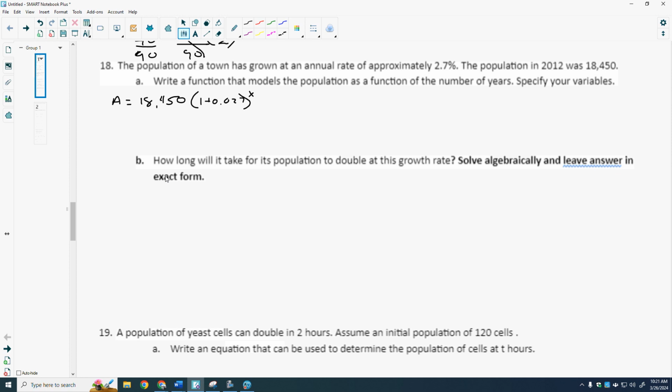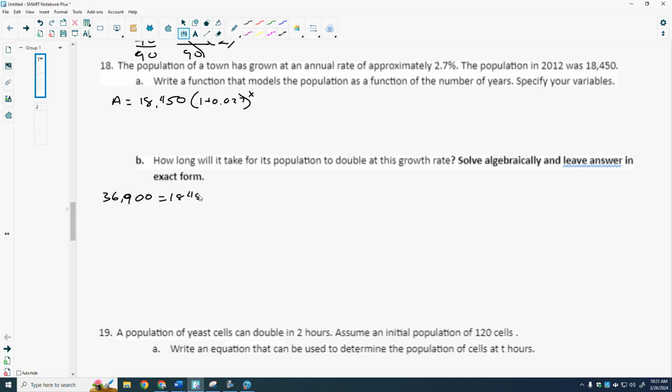Well, I've got to figure out what is double of 18,450 to know what I end up with, right? But can I give you a hint? If I put in, whatever that is, 36,900, which is 18,450 times 2.